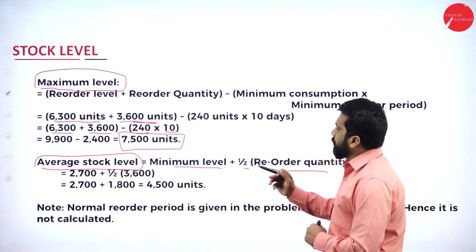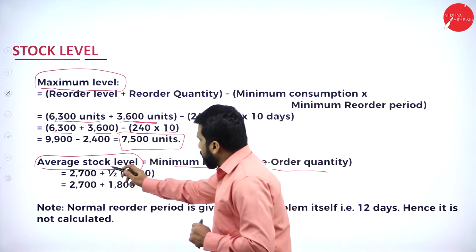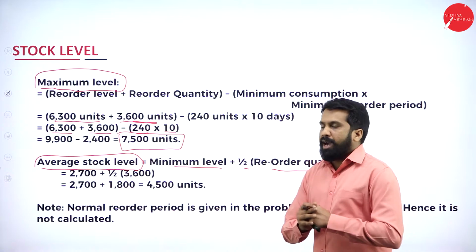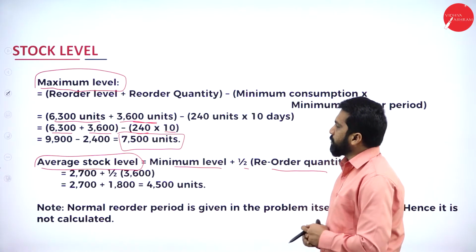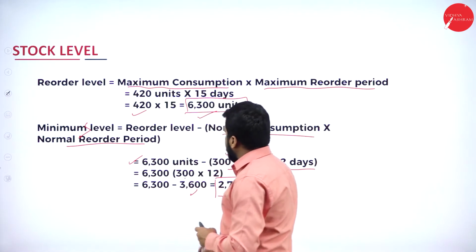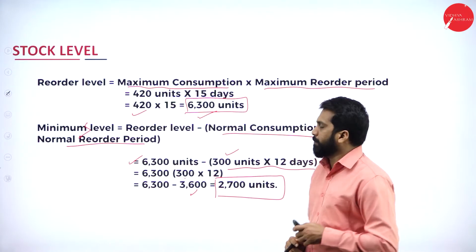2,700 will be your minimum stock level as per our calculation, plus half of your reorder quantity. I'll show you where you have this 2,700. See, your minimum stock level answer, how much did you get? 2,700.